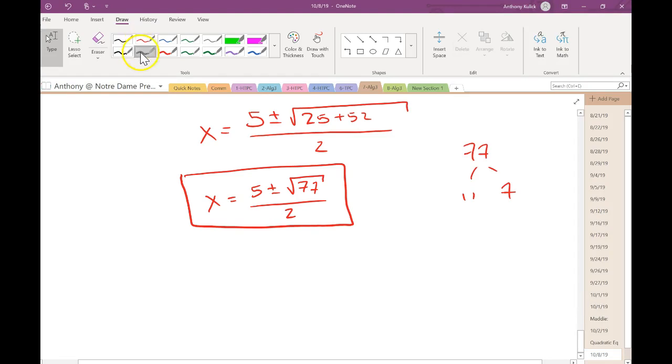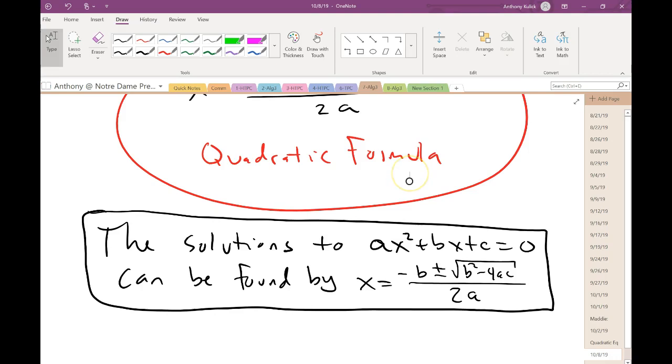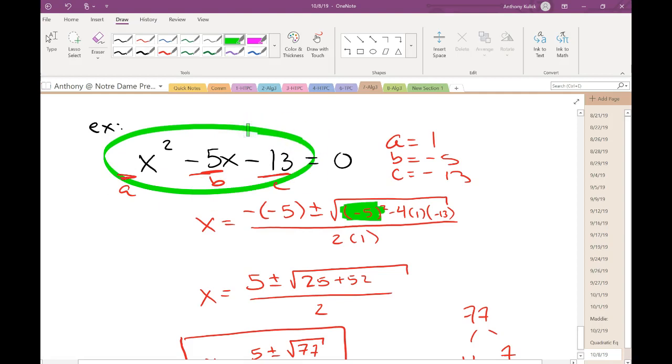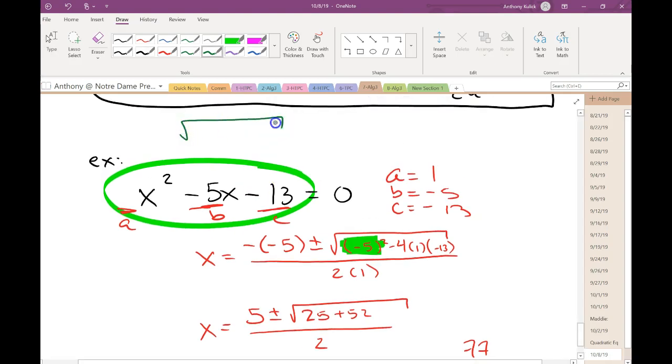Okay. Notice, we had talked about a way to check to see if things like this were factorable. Does anybody remember the formula that I gave you to check to tell if something was factorable or not? We looked at the square root of b squared minus 4ac. Notice what that is.